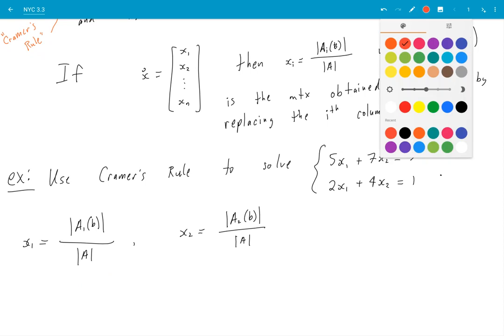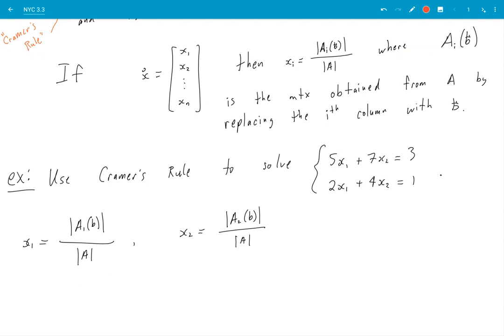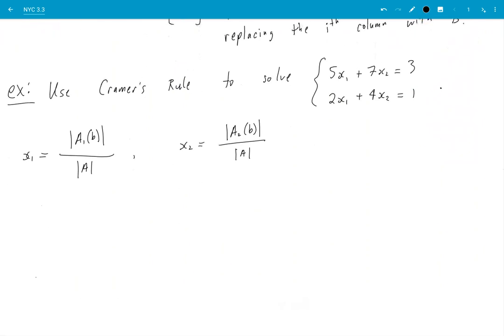Okay, so looking at these things, I have three things to find. I want to find this determinant, this determinant, and the determinant of A. So why don't I start by saying what A is? Why don't I do that over here?